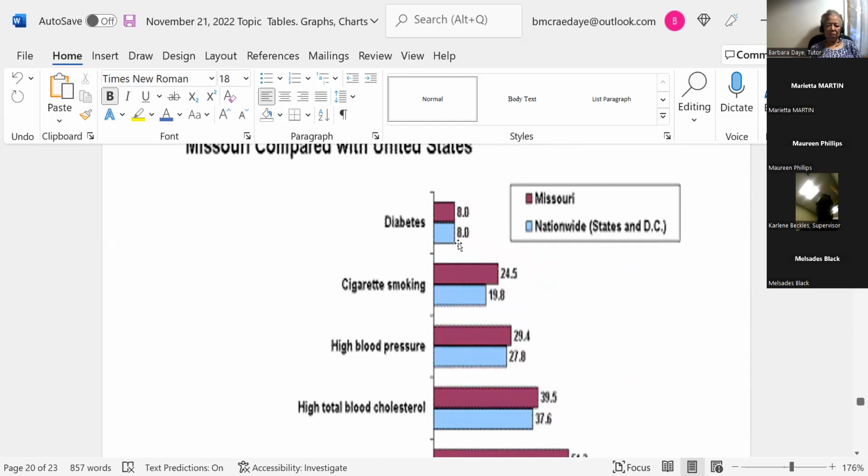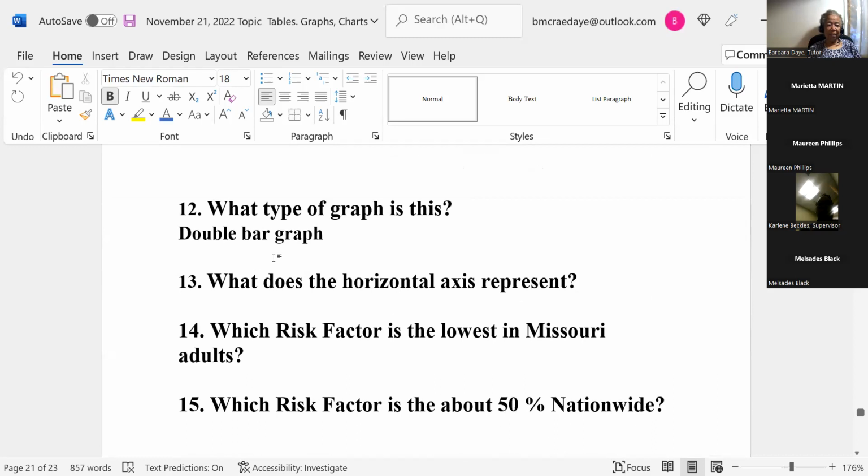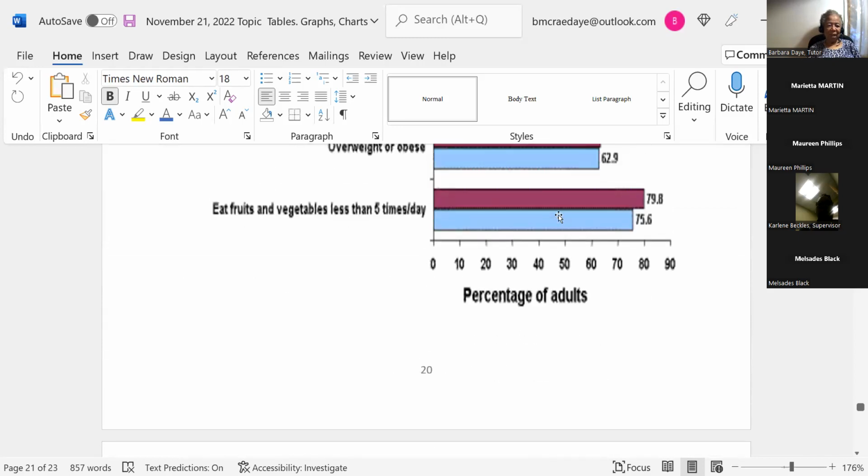But here you have two bars representing data, Missouri and nationwide. That's why we say double bars. Whereas we just looked at one that had one bar. So what represents the data? A bar graph, and this is a double bar graph. Got it?